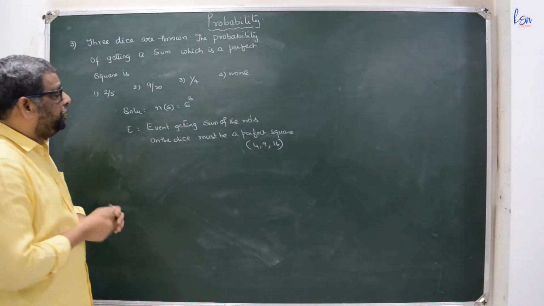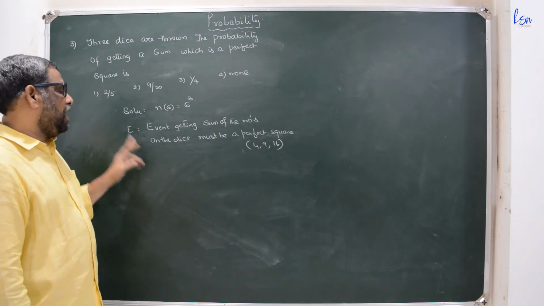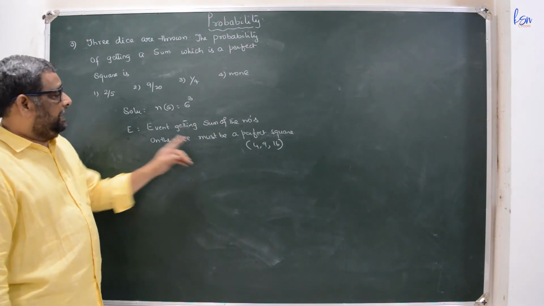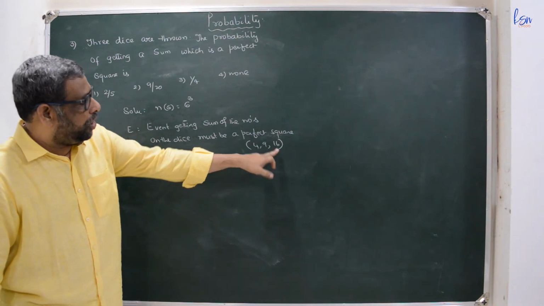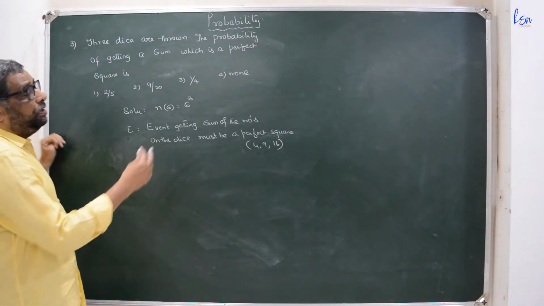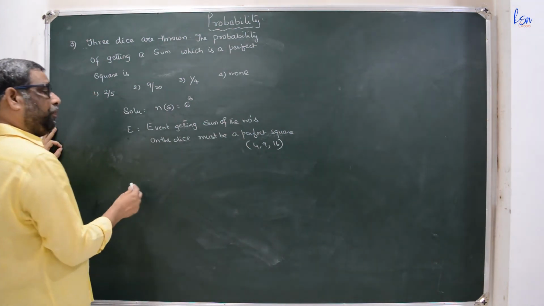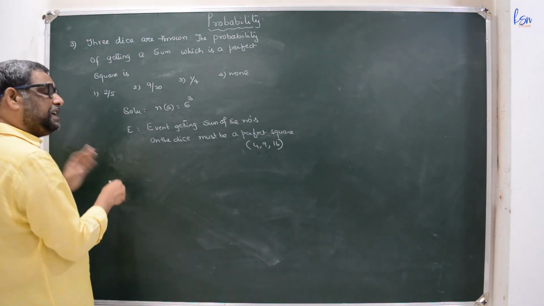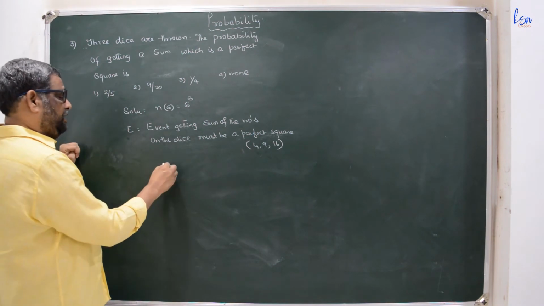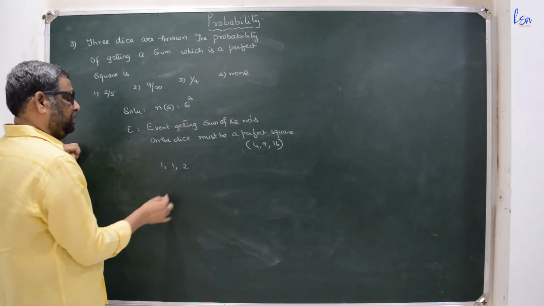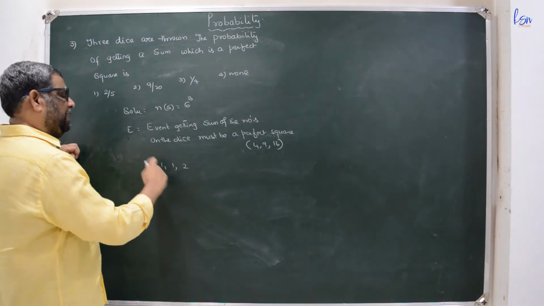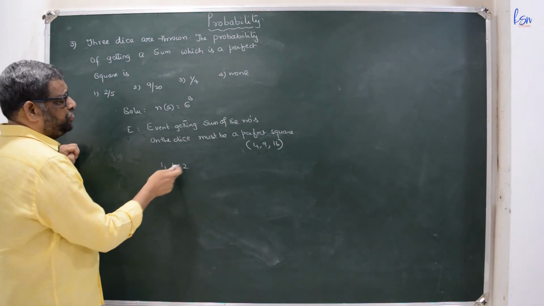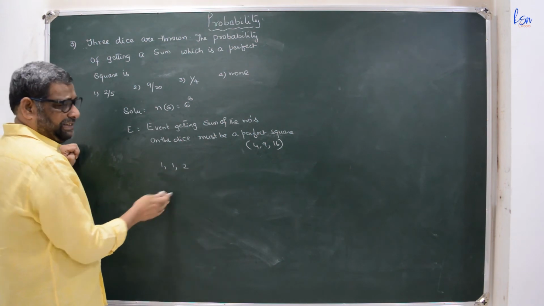So now we have to find the possible or favorable chances to get the sum as either 4 or 9 or 16. Now getting the sum as 4. Sum 4 means there are so many possibilities. Here 1, 1, 2 can be obtained. These can be arranged as 1, 2, 1; 2, 1, 1 like that.